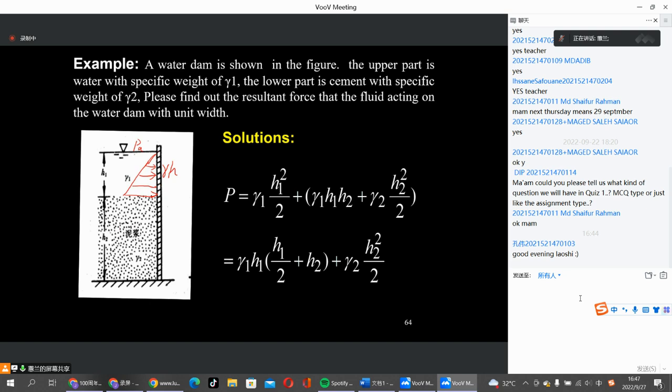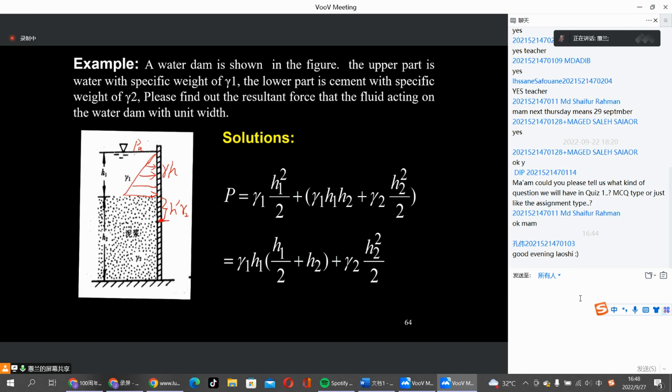However, because the lower part is cement, for example at any point, for example this point, the vertical depth to the interface between the water and the cement is H prime, and the increased pressure due to the cement will be gamma 2 H prime.